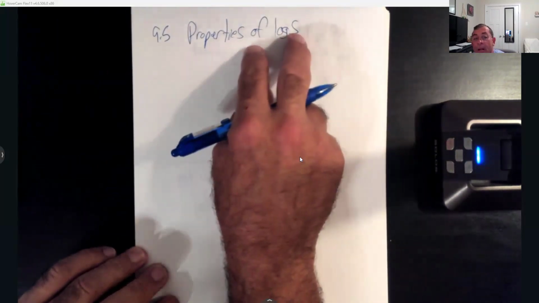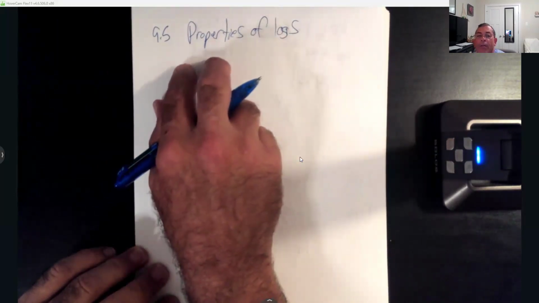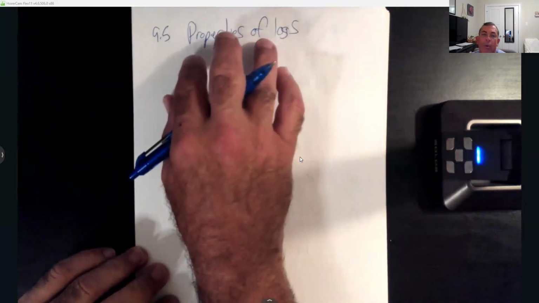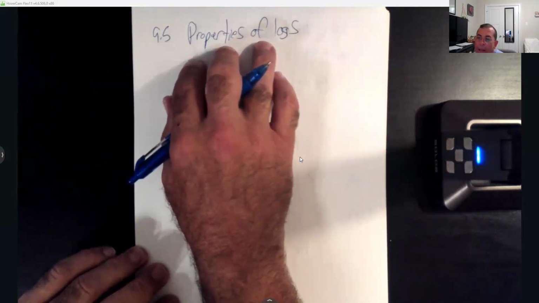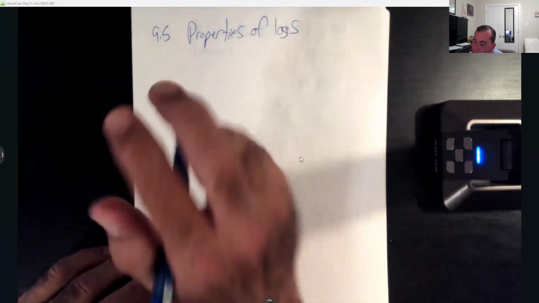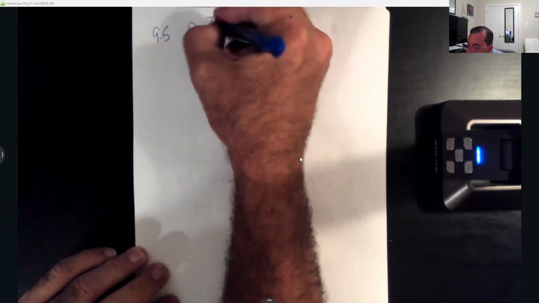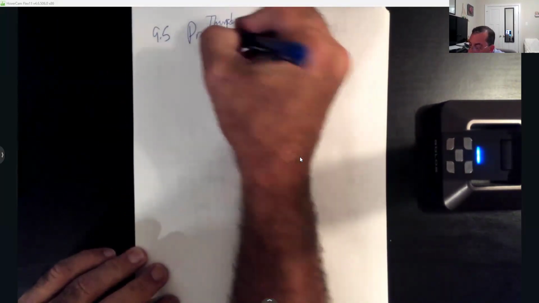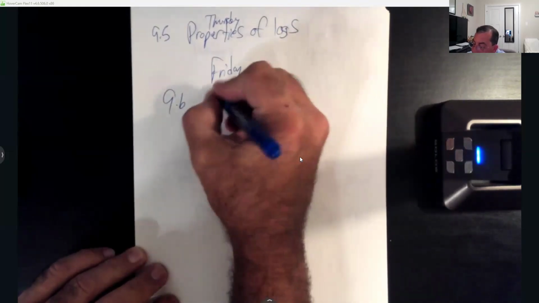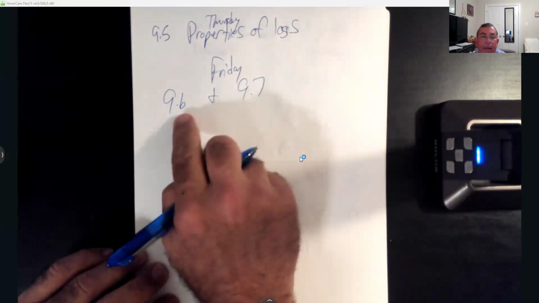So these properties of logarithms, they sort of mirror the properties of the exponents. So we're learning this tomorrow, and I think we'll do some support with it tomorrow. So this will be Thursday. And then Friday, we'll knock out 9.6 and 9.7.